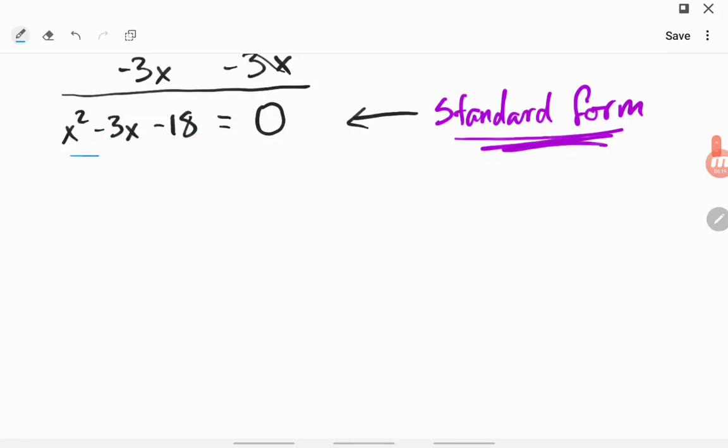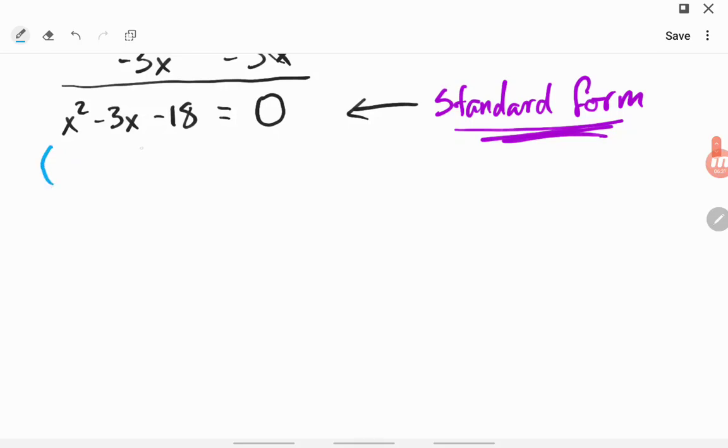You would just have this expression. But we've included this equals 0 now because it's an equation and we want to solve for what x can actually equal. So let's go ahead and set up our parentheses for these two binomials.